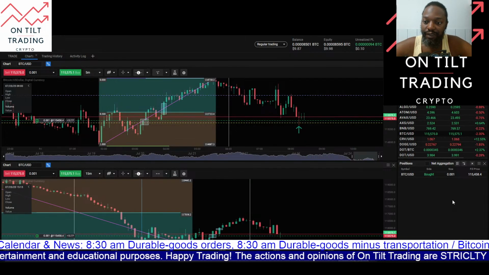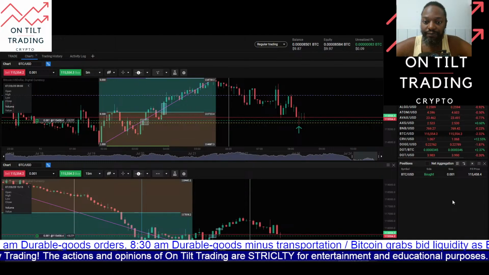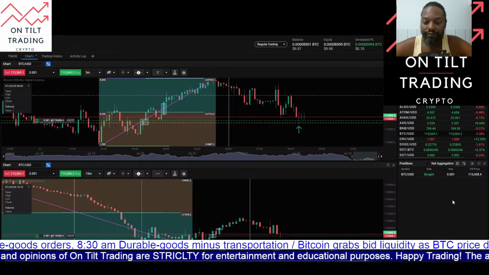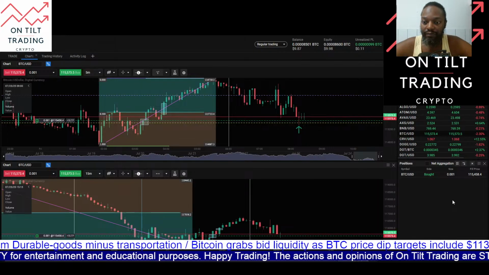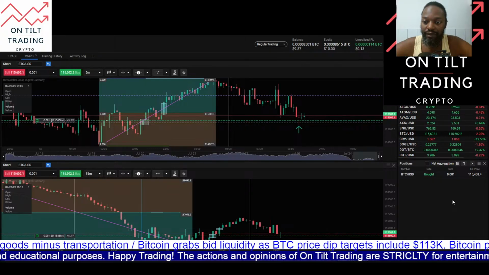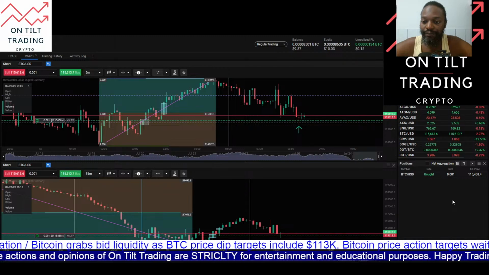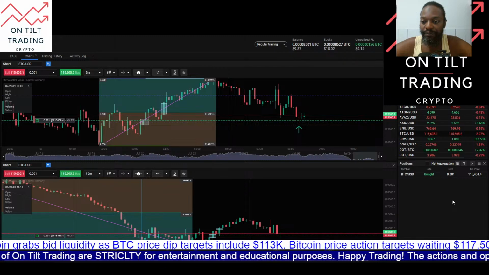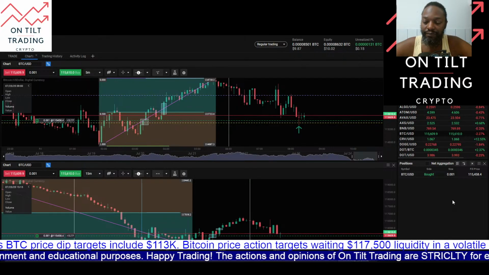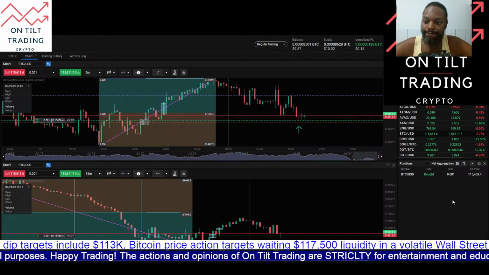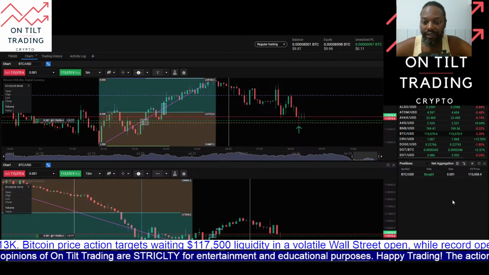$115,550, getting some buy side delivery. $115,600, getting some buy side with speed here. And sell side with speed, getting some consolidation here.